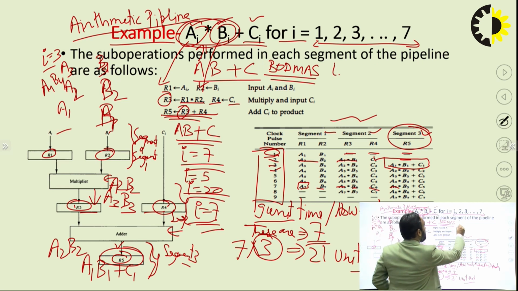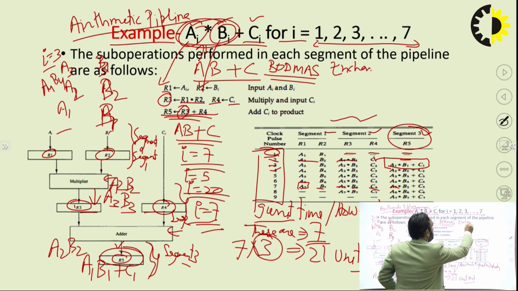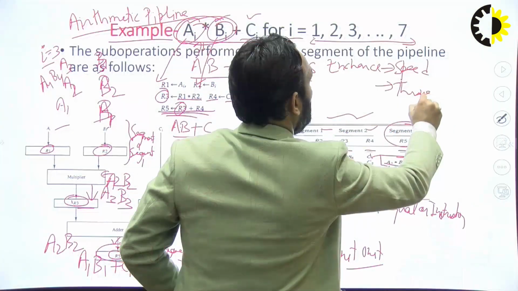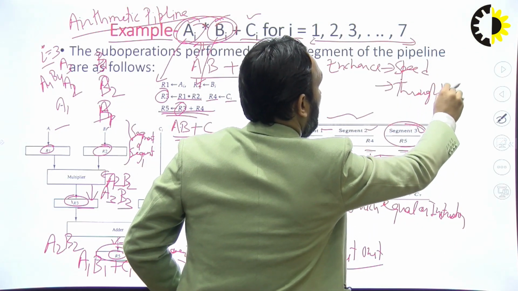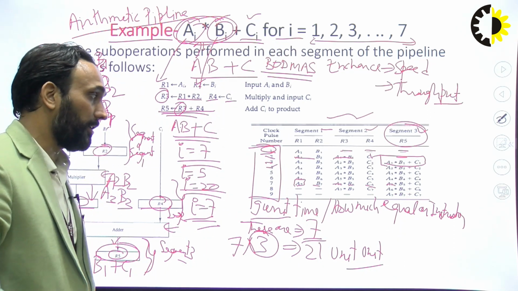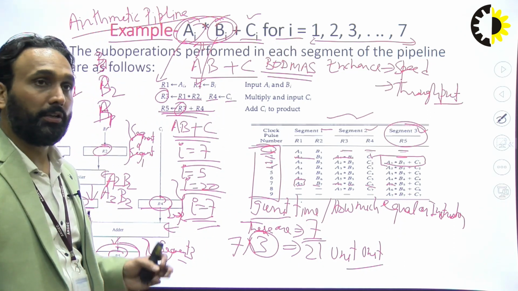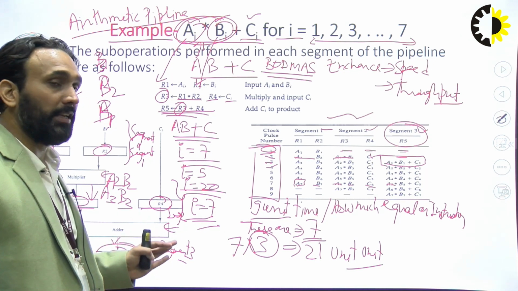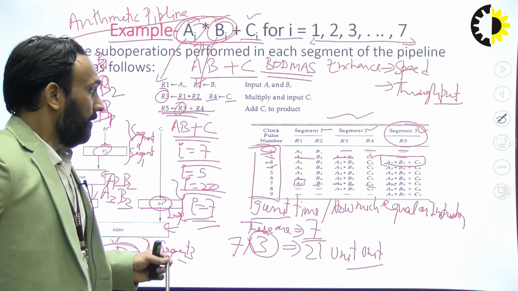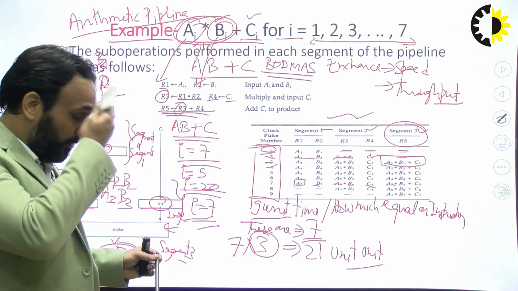Pipelining enhances the speed and the throughput of a machine without changing its hardware and software configuration. So hopefully you understand the basic difference between the execution of parallel pipelining and sequential processing.